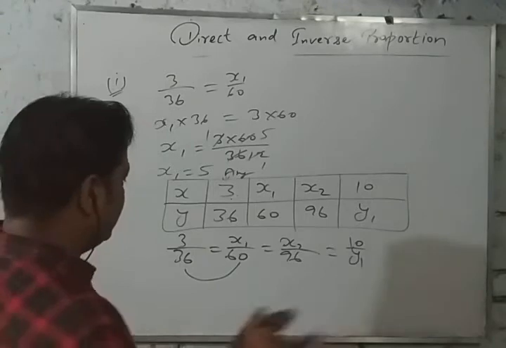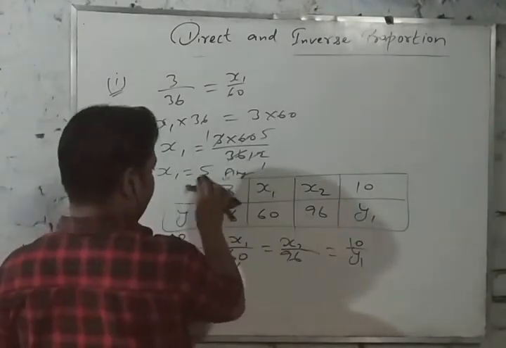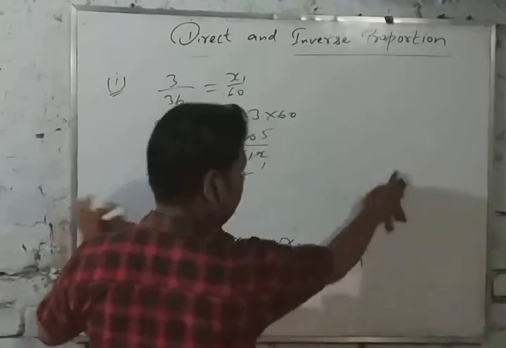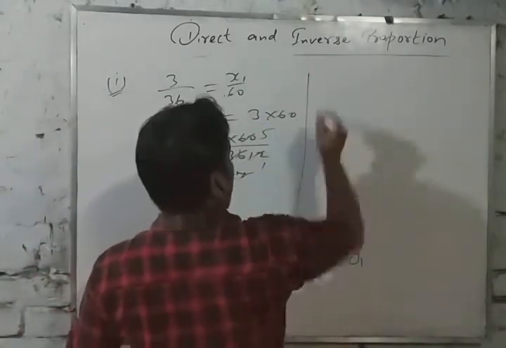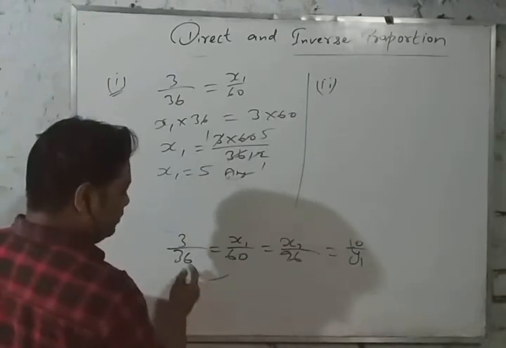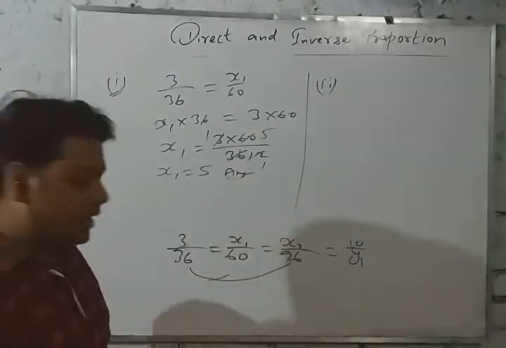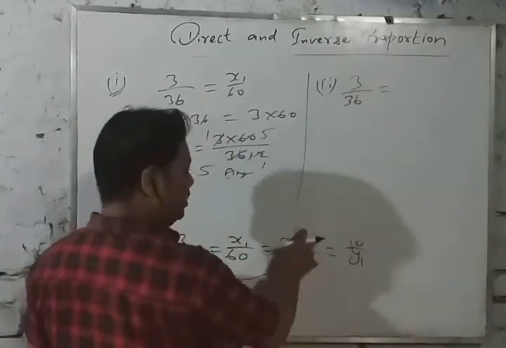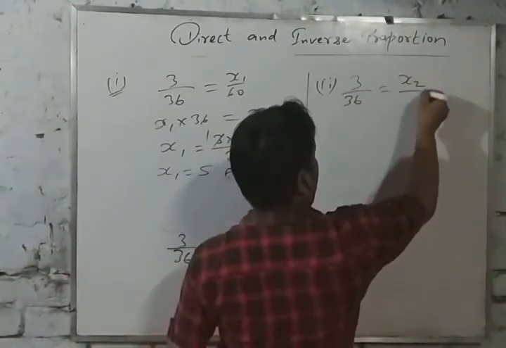Now let's solve the second question. Again we will take the first value, but we have to compare it with the third value. So we can write 3 by 36 is equal to x2 by 96.